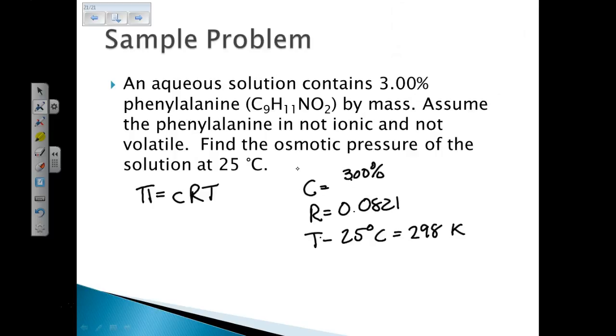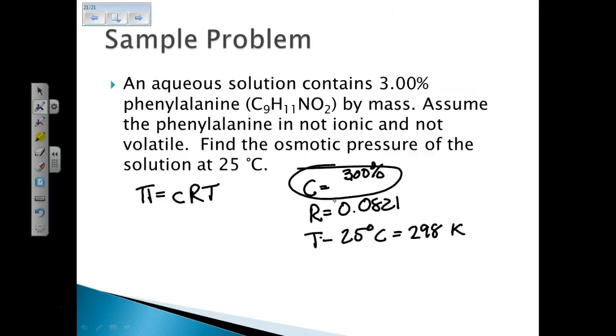But let's try to figure out this C thing. I'm not purposely throwing these hard problems at you, but I need to expose you to problems that have alternative ways. Sometimes I just can't give you the number and you have to figure it out. So let me show you how to figure out the molarity given just a percent.